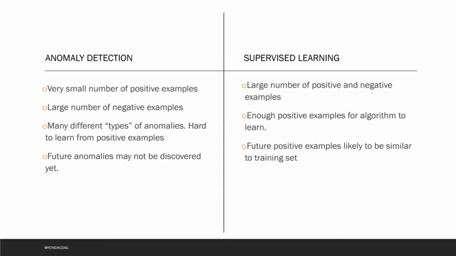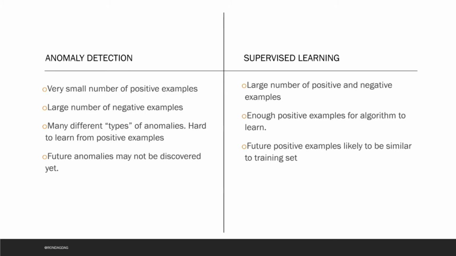But I wanted to talk to you about when you use anomaly detection algorithms versus supervised learning. Supervised learning, hot dog, not hot dog, those kind of things. Anomaly detection is very good if you have a very small number of positive examples and a large number of negative examples, as compared to supervised learning, when you have a large number of positive and negative examples, meaning your data set has an equal number of examples.